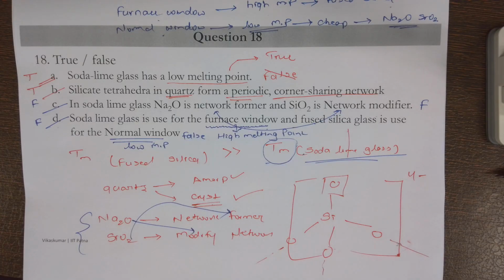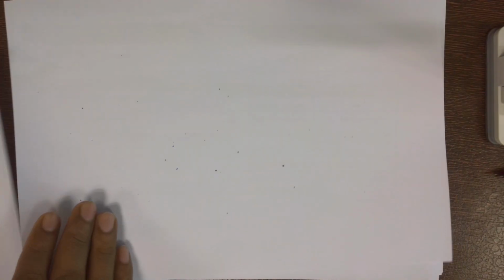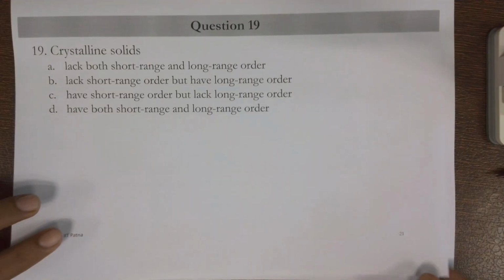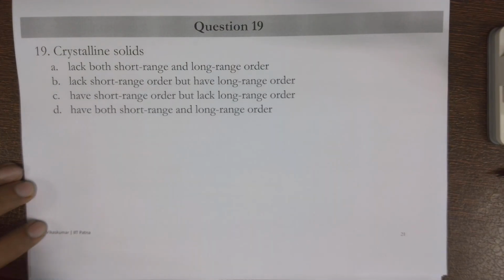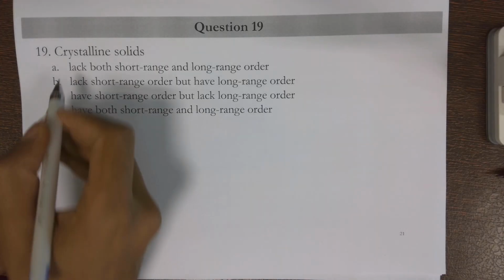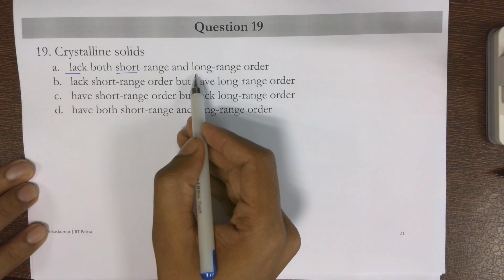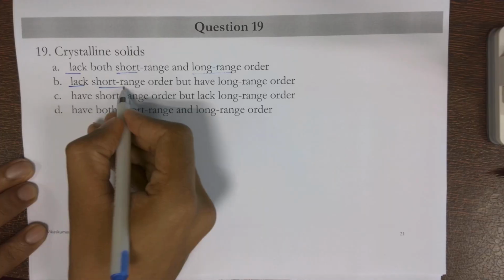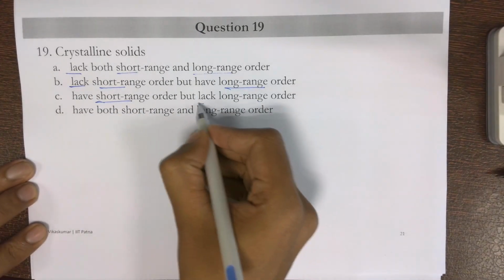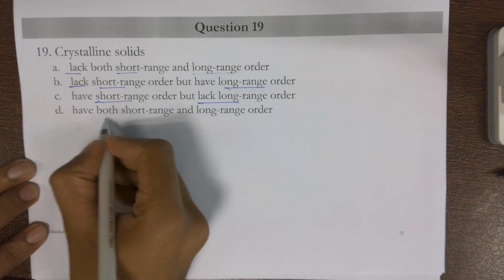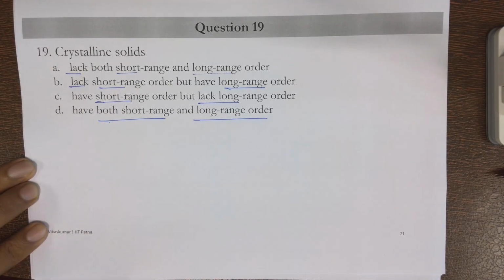Question. Very simple, it is. Crystalline: lack short range but have long range, or lack long range, or both short range and long range.